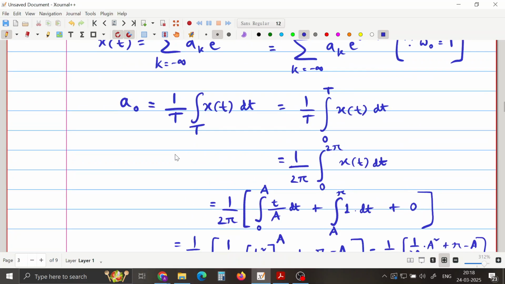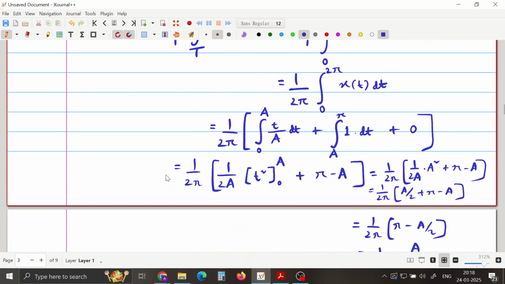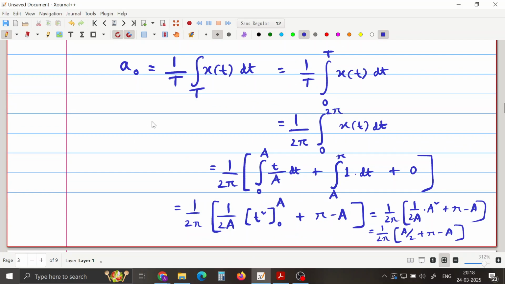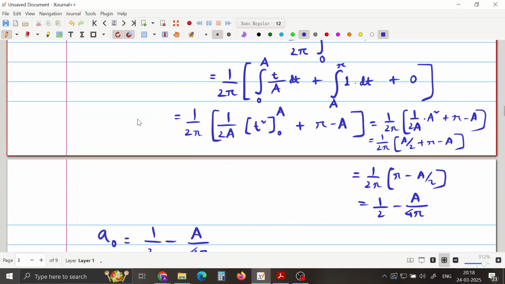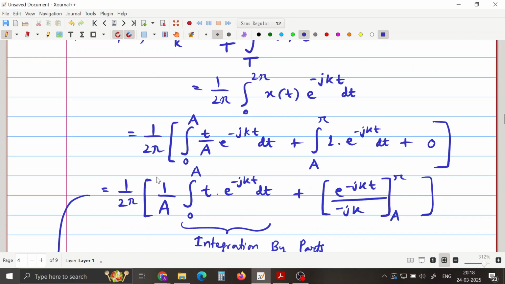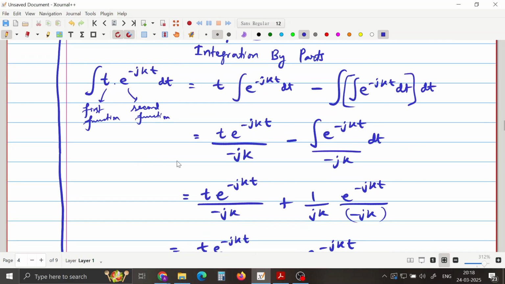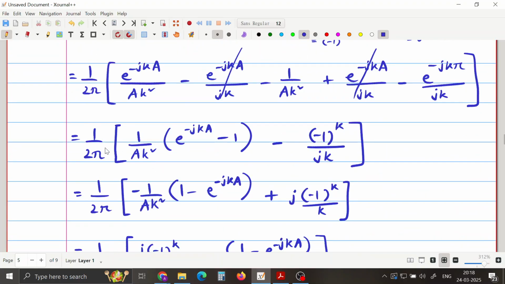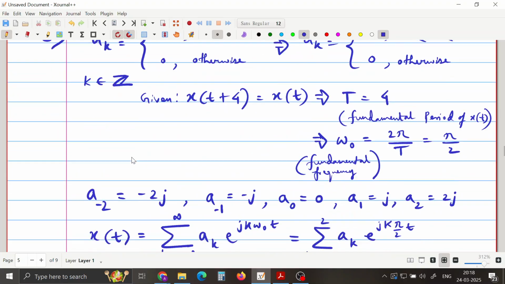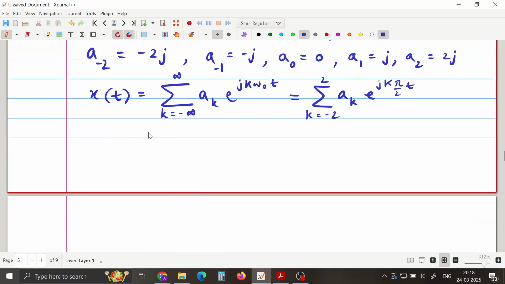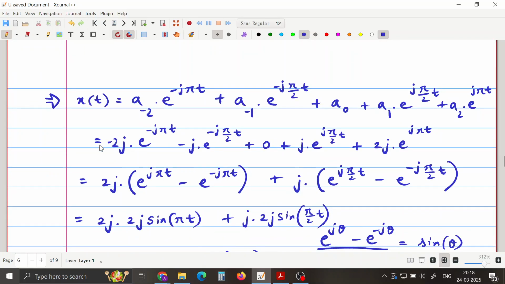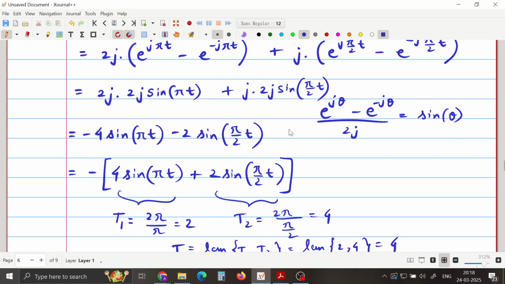And using the mathematical approach also, we used the formula and found that we are getting the same expression for a naught. And then of course we found the general expression for the Fourier series coefficient for k not equal to 0 as well. And once we have the knowledge of the Fourier series coefficients, we have the complete knowledge of the signal x of t.